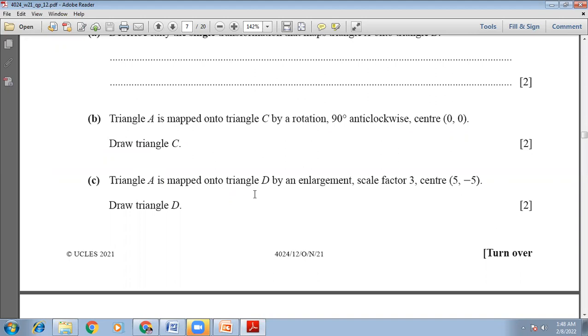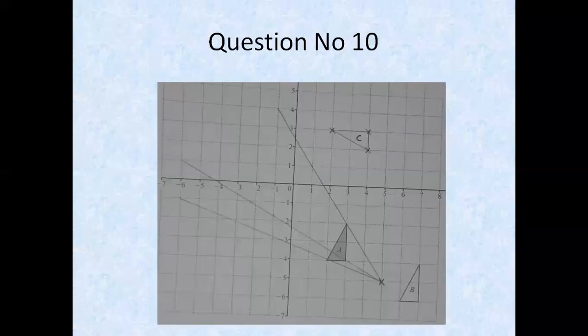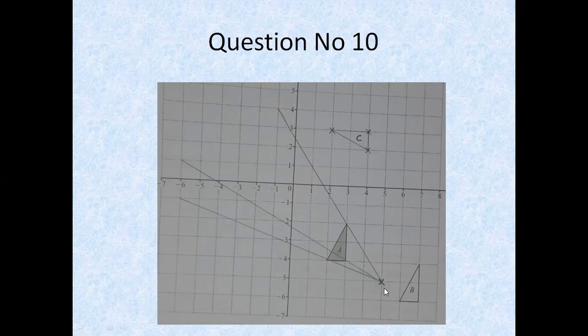Triangle A is mapped onto triangle D by an enlargement, scale factor 3, center (5, -5). Draw the triangle D. So the center of enlargement is (5, -5), and the scale factor is 3. Let me show you. First of all, this is (5, -5), the center of enlargement.